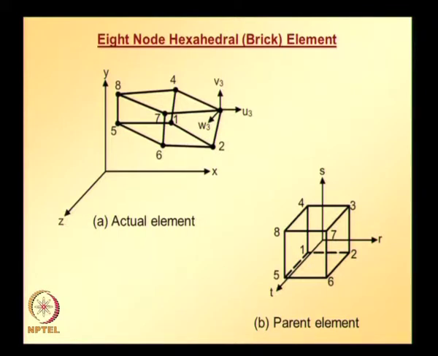and t is equal to -1, and node 5 is located at r is equal to -1, s is equal to -1 and t is equal to 1, and node 6 is located at r is equal to 1, s is equal to -1, t is equal to 1, and node 7 is located at r, s and t equal to 1, and node 8 is located at r is equal to -1, s and t equal to 1.